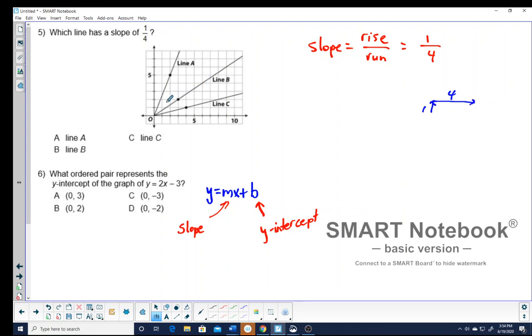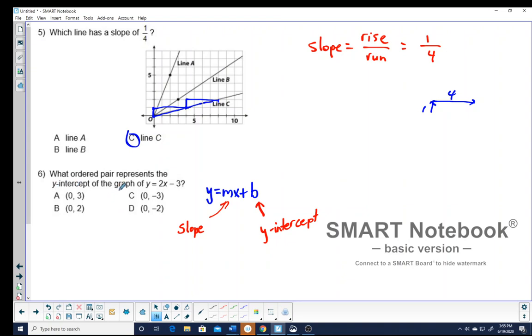So all of these lines start at the origin, so if you start here and go up 1 for the rise and over 4 for the run, 1, 2, 3, 4, it takes you right there to the point on that line. So you see then that line C has a slope of 1/4. If you do it again, if you go up 1 and over 4, it takes you back to the line again. So line C has a slope of 1/4.